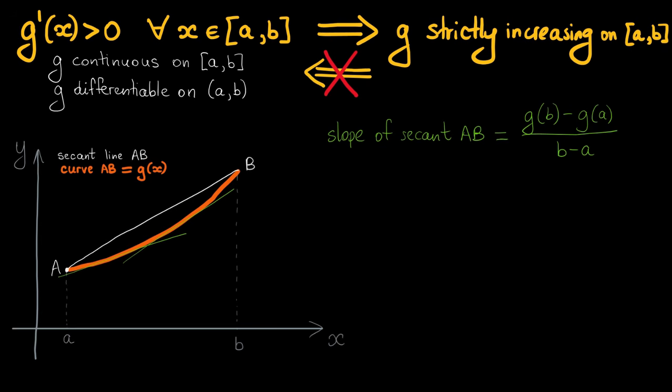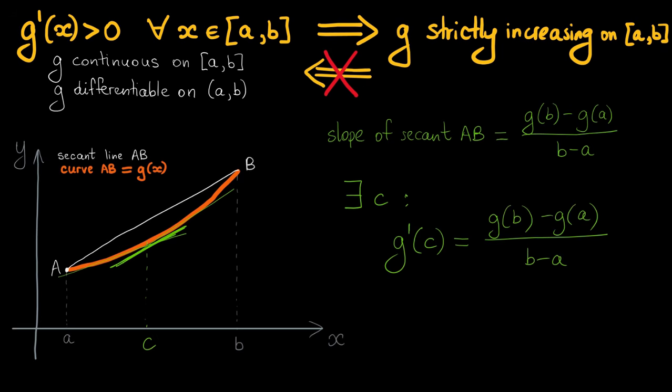The mean value theorem says that there must be a point c here such that the slope at that point is equal to the slope of the secant line AB. So if we were to write this out, the mean value theorem says that there is a value c in the interval (a, b) such that the slope of the tangent to the curve, given by g prime evaluated at c, will be equal to the slope of the secant.